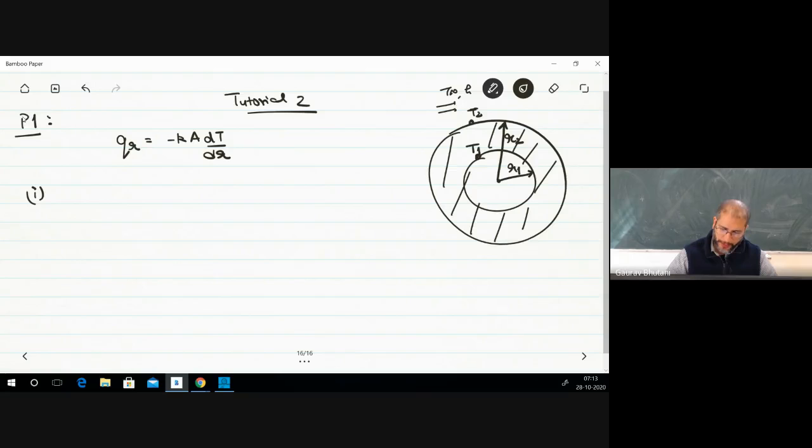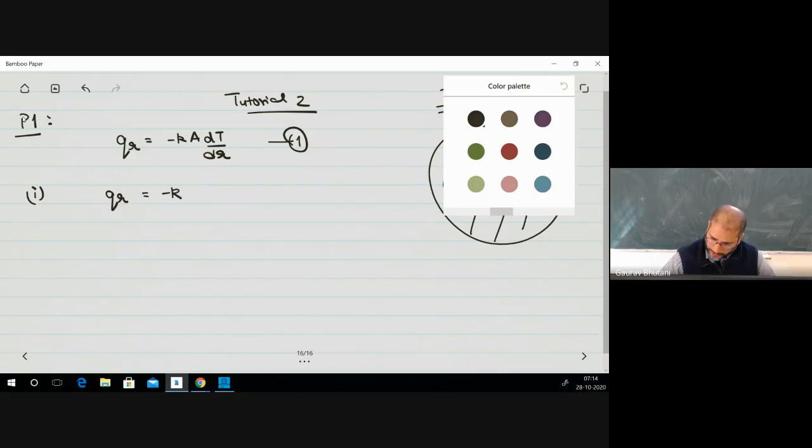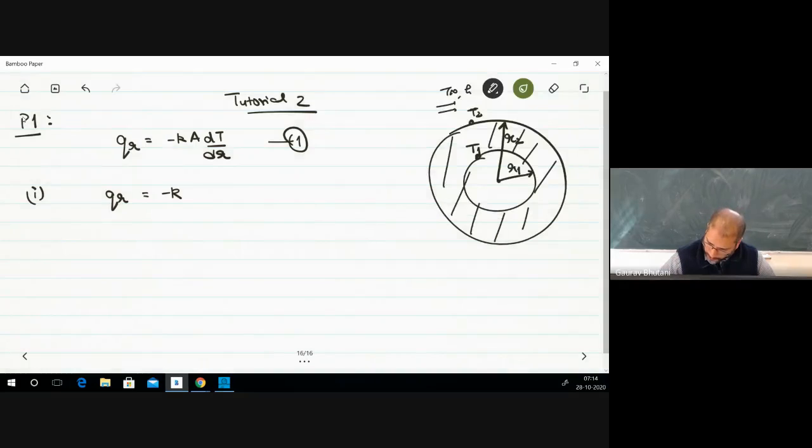If the temperatures are given, you can use Fourier's law of heat conduction and integrate that. So I can write this as Qr equals minus K. Now, this is written for an arbitrary r, so let's say I write this for some radius r.